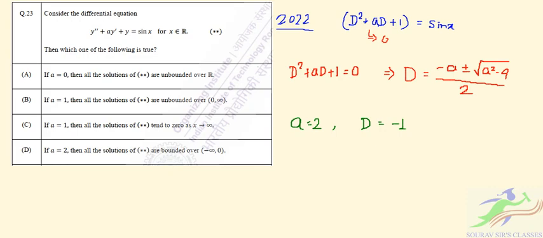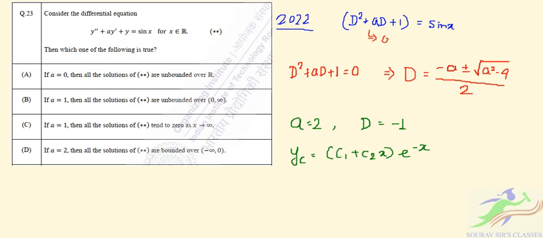So the complementary solution can be written as (c1 plus c2 x) times e to the power minus x. So we can see option D, that if a equal to 2, then the solutions of this particular differential equation are bounded over minus infinity to 0.